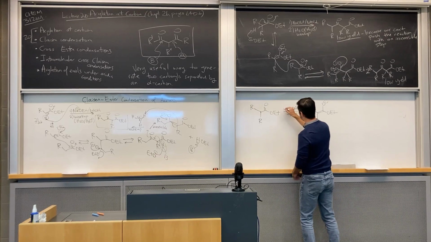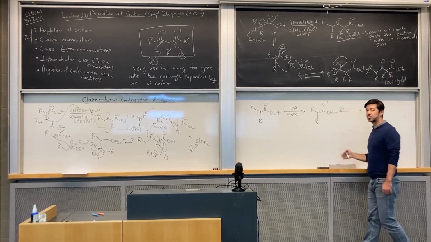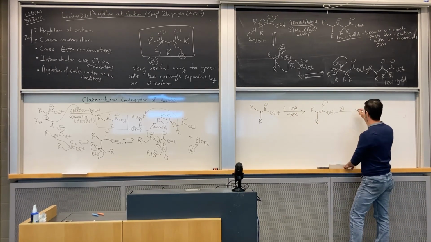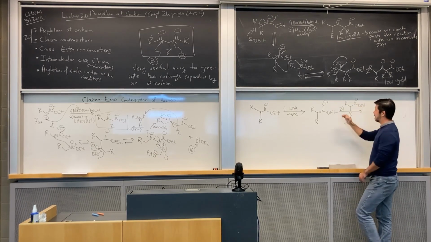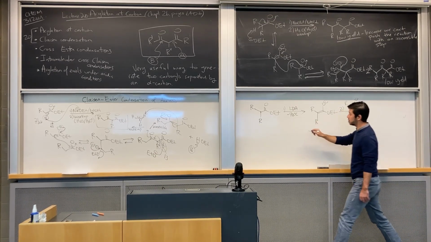this enolate, and then in step two, in a controlled fashion, you add your ester, which is the same molecule that you want it to react with. And this will react, because this first step is irreversible.